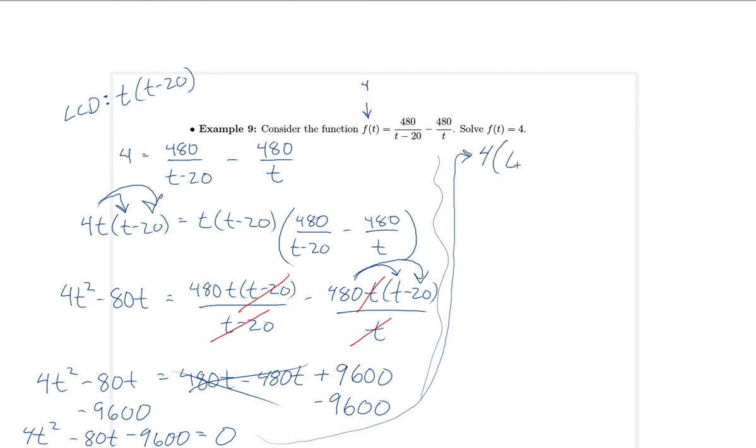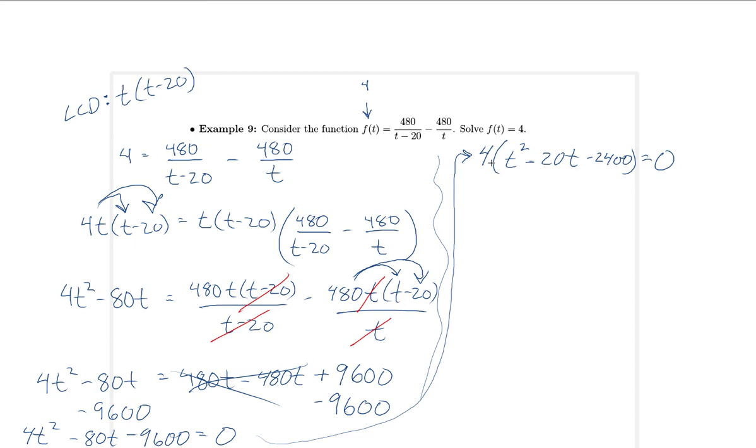So I end up with t squared minus 20t minus 2,400 is equal to 0. I know that this 4 doesn't really contribute to the solution at all.